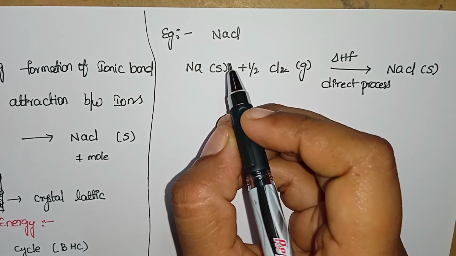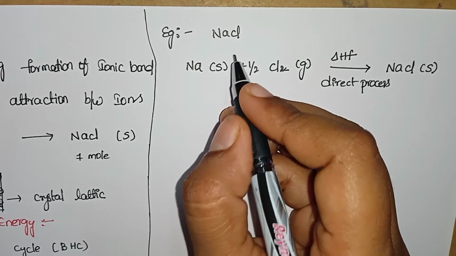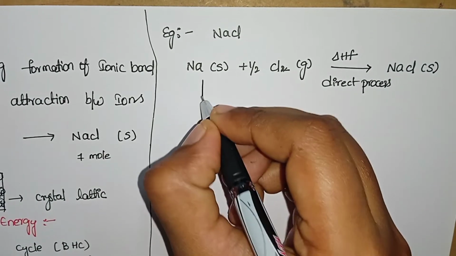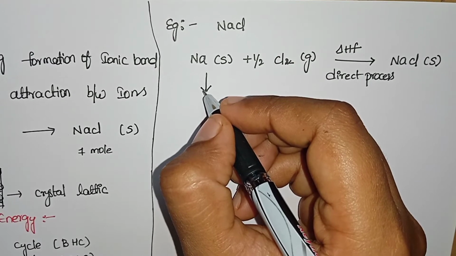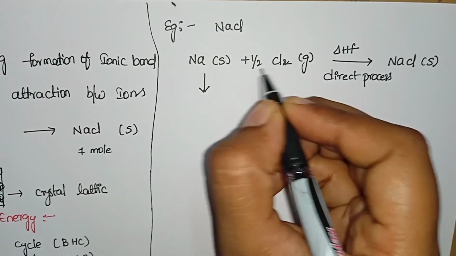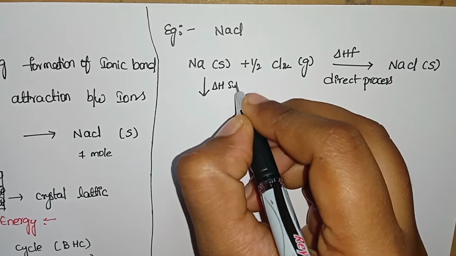In this Born-Haber cycle for NaCl, what is the first step? Conversion of solid metal and gaseous molecule into gaseous atoms. One is solid, one is gas, and both become gaseous atoms, with delta H, forming Na and Cl in gaseous form.